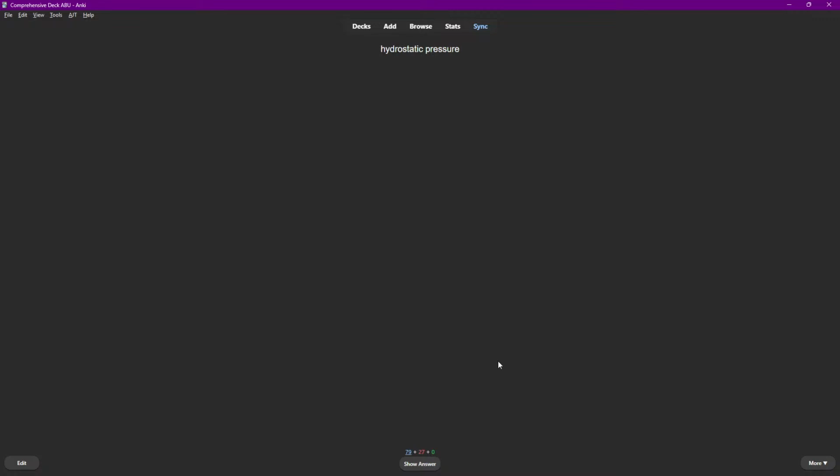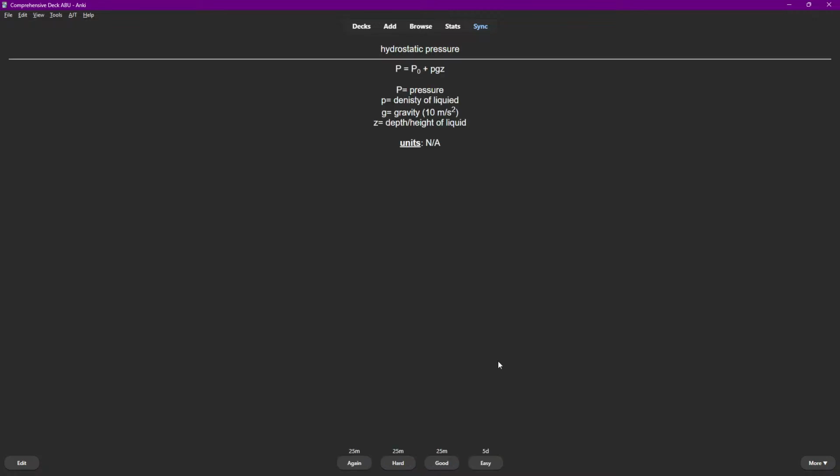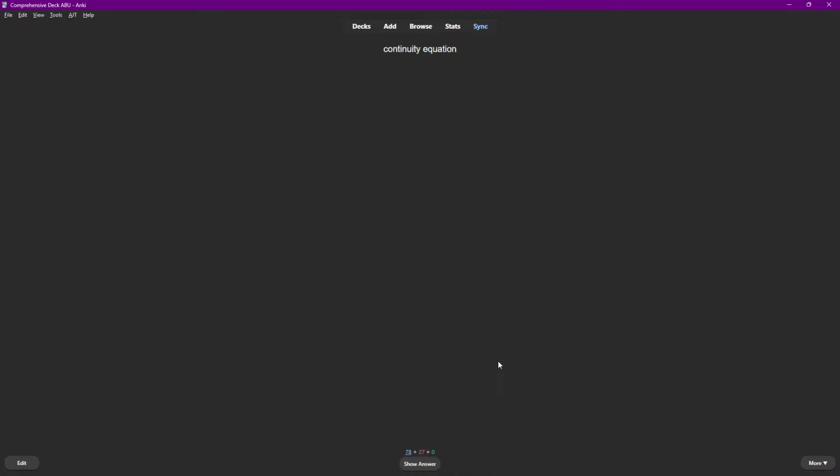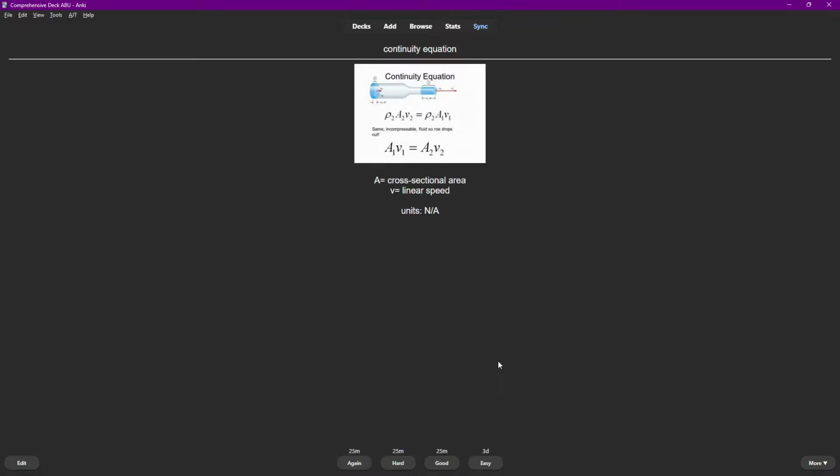Hydrostatic pressure, P is equal to P naught plus... continued... velocity is equal to area times velocity is equal to pressure.